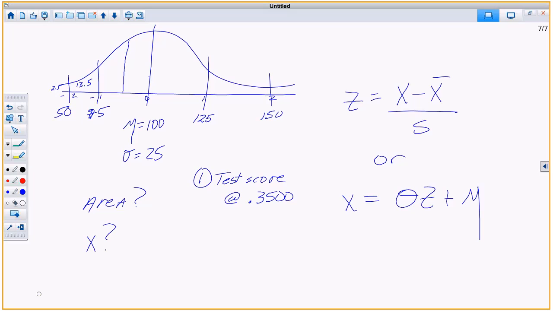Is everybody following me what I'm doing? Because I don't want you to go, well, where'd you get that number? The empirical rule. This is 34, right? Half of 34 is 17. What's 17 plus 16? 33. I'm wanting 35. So I'm thinking probably my z-score is going to be negative 0.4, maybe?